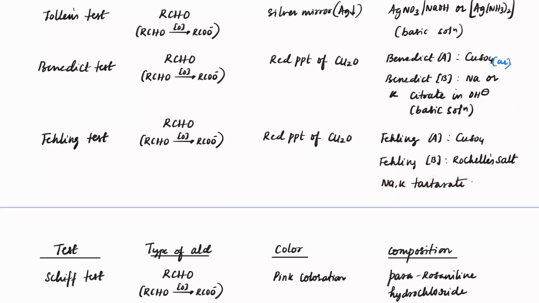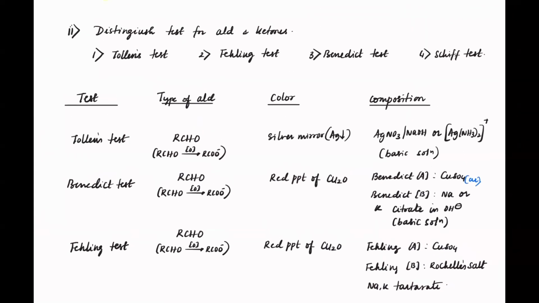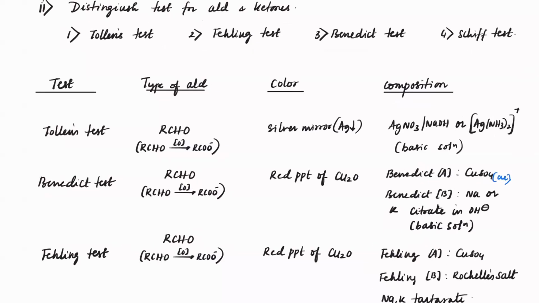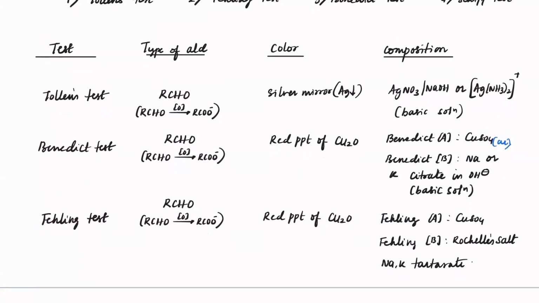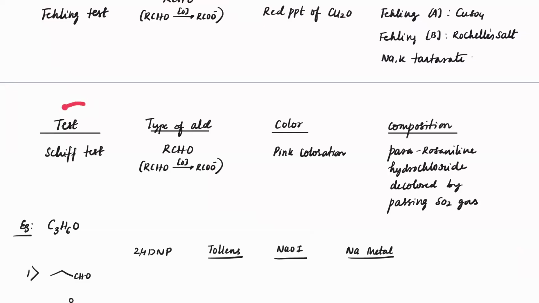I'm just giving a very basic briefing here to understand how to differentiate these three. And the last one is the Schiff test. In the Schiff test, you convert aldehydes to acids, and there is a pink coloration observed during the reaction, and the component which you'll use is para rosaniline hydrogen chloride, which gets decolorized on passing SO2.